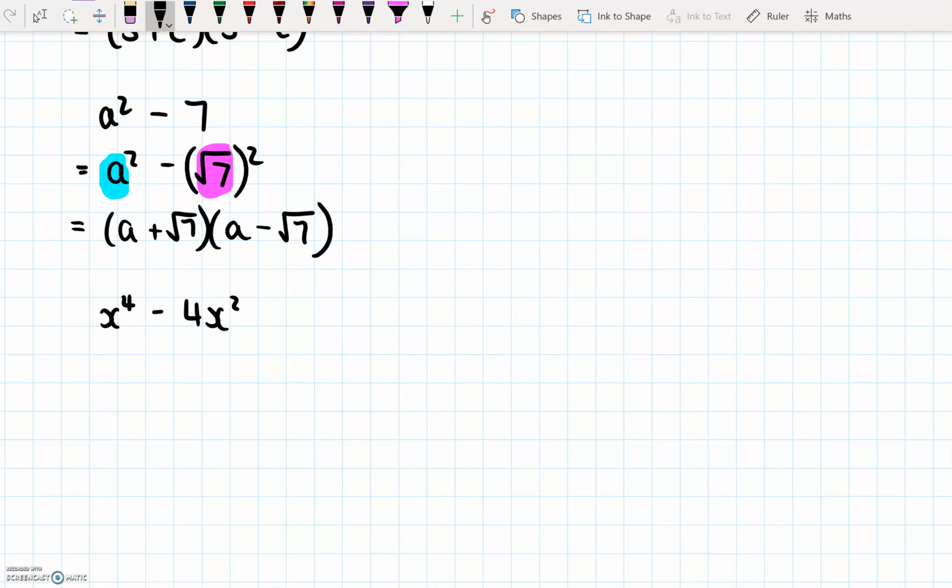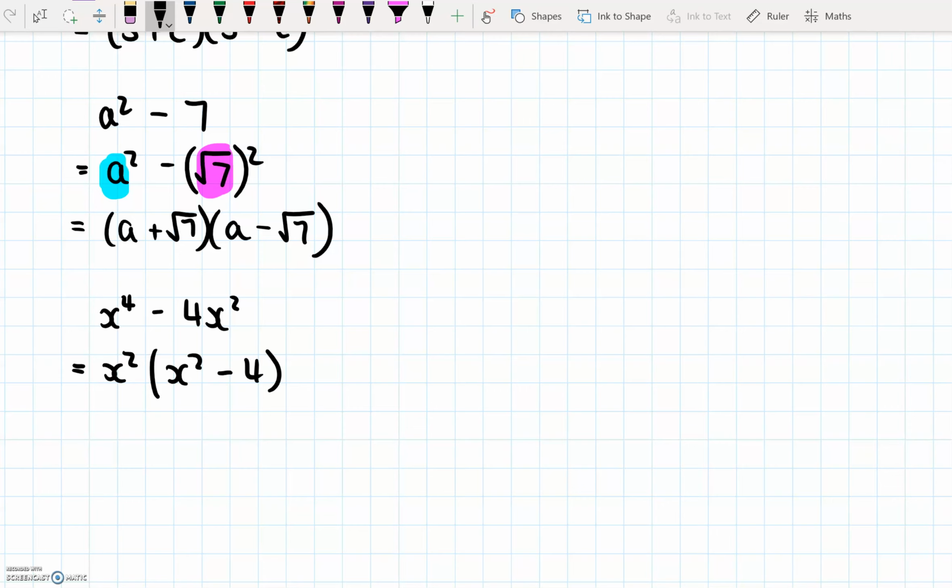You can see straight away that both of these terms can be divided by x squared. So that means before we do anything, we need to take that x squared as a factor. So we have x squared. x to the 4 divided by x squared is x squared, and 4x squared divided by x squared is just minus 4.